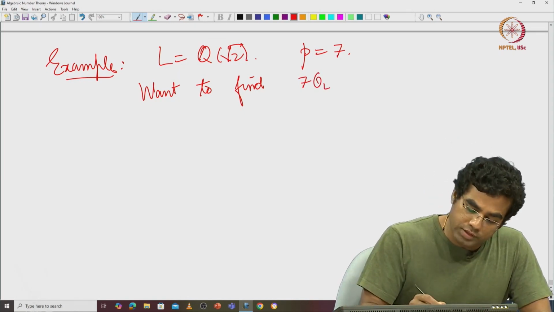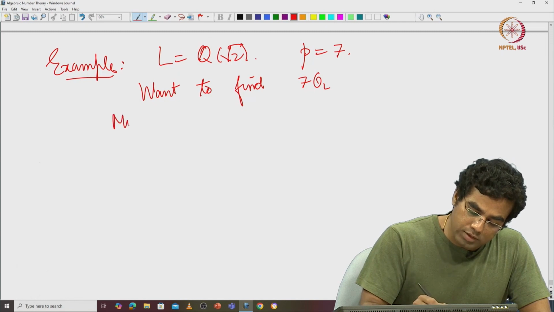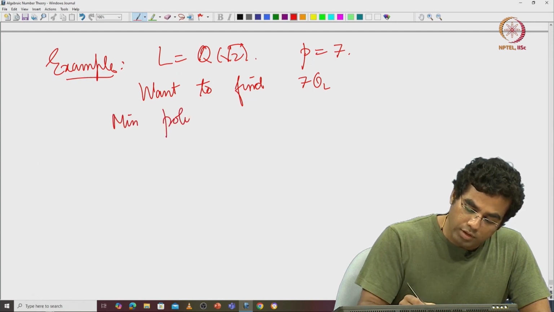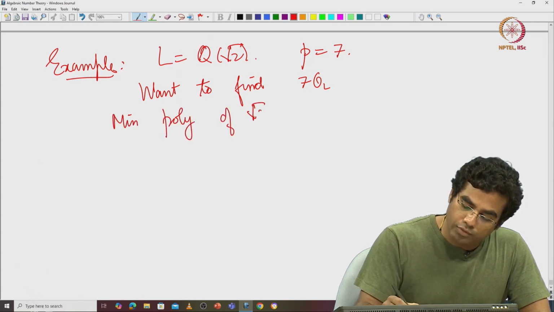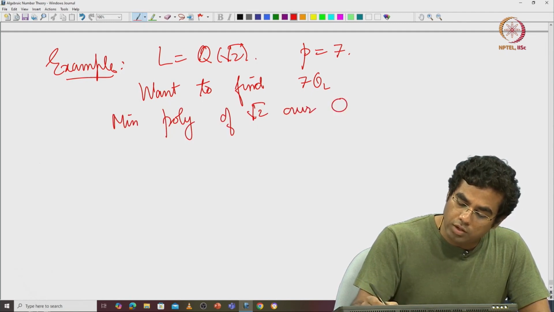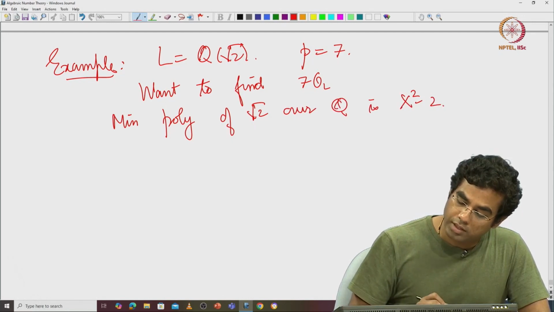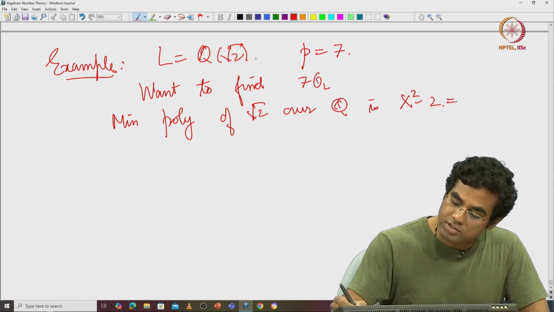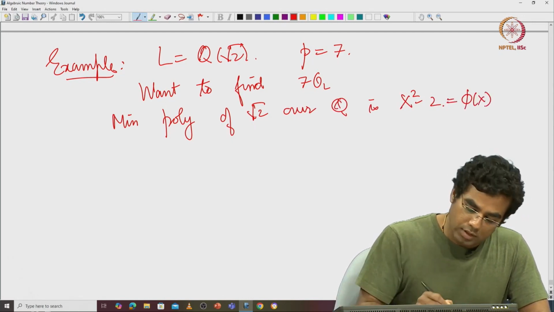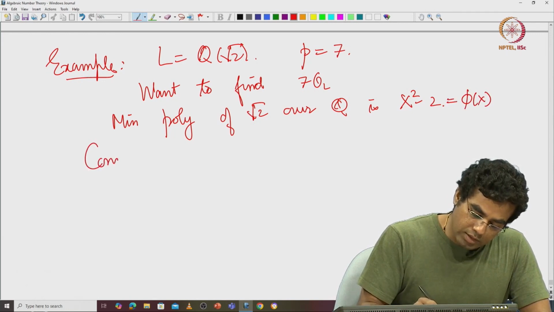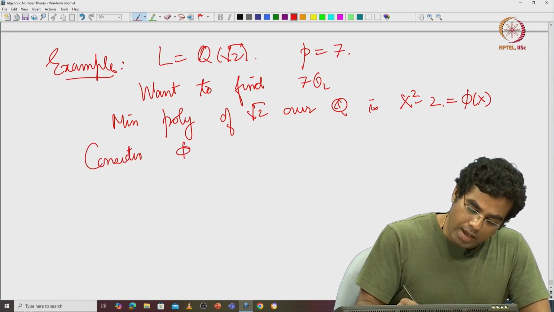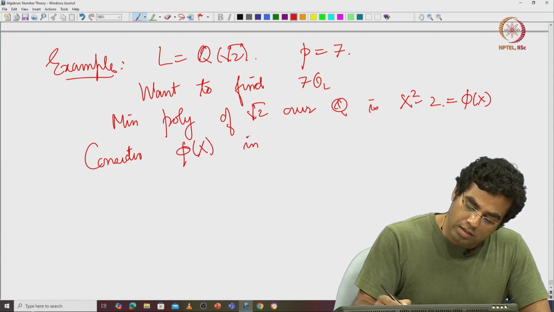So, what we do is you take the minimal polynomial. The minimal polynomial of square root of 2 over Q is x squared minus 2. This is my phi(x).